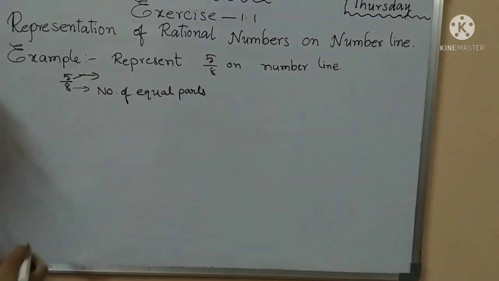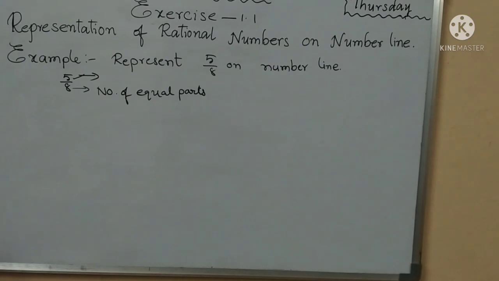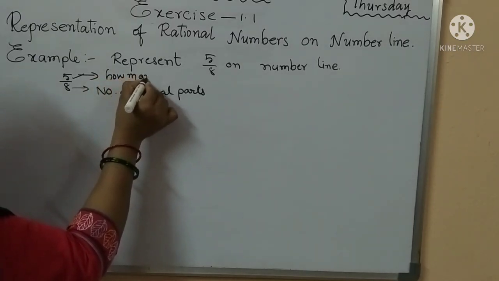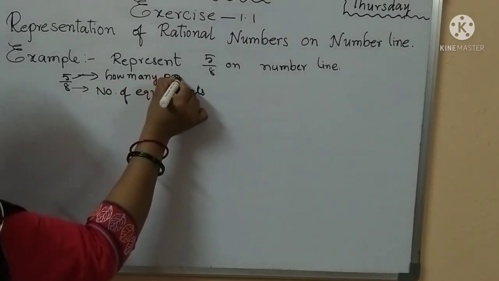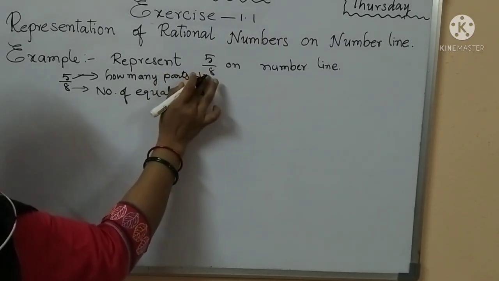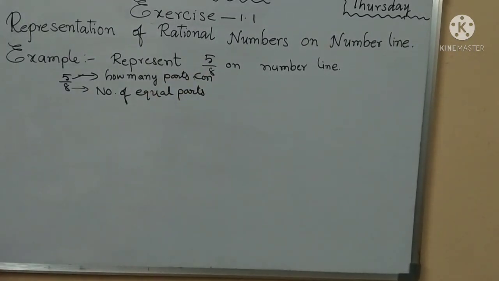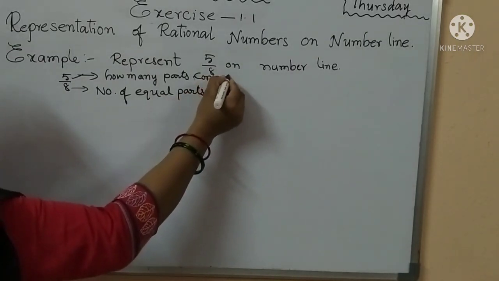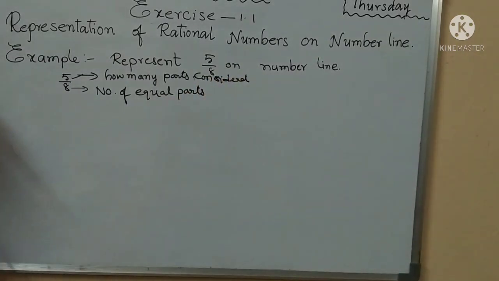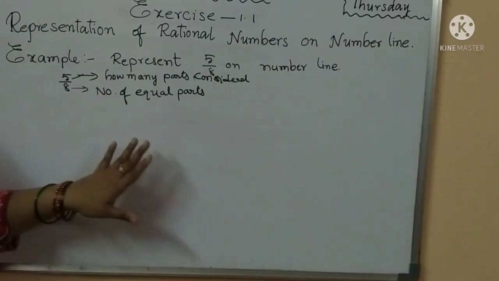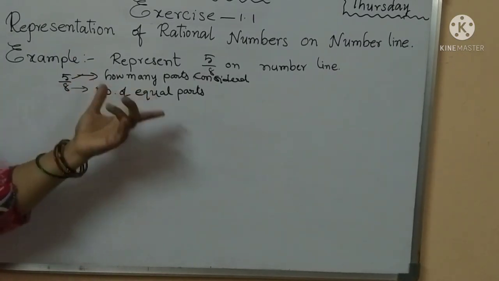The numerator tells us how many parts are considered. So in 5 by 8, the denominator is the number of equal parts and the numerator is how many parts are considered.